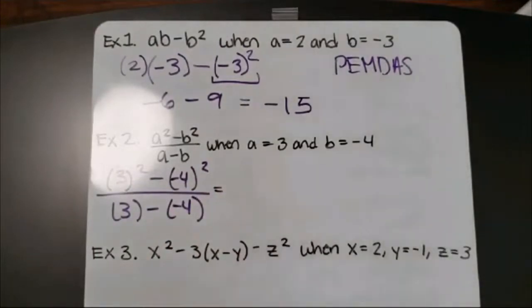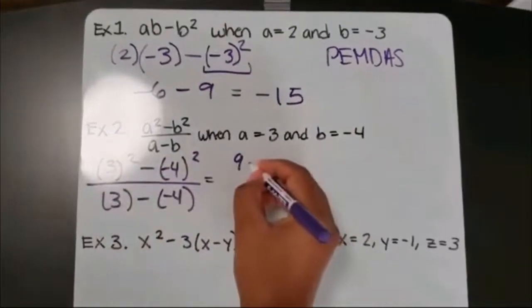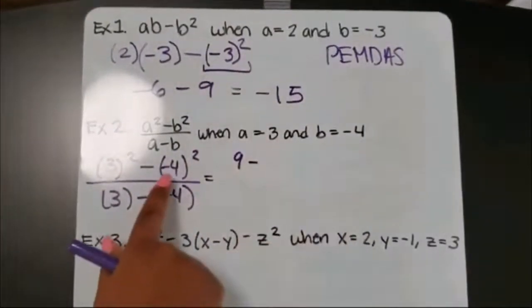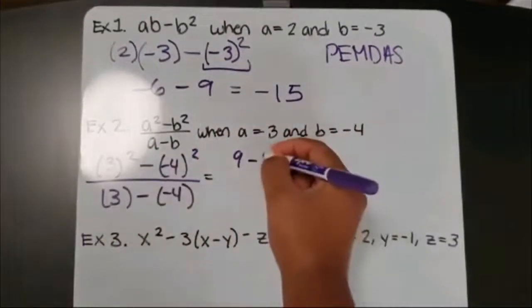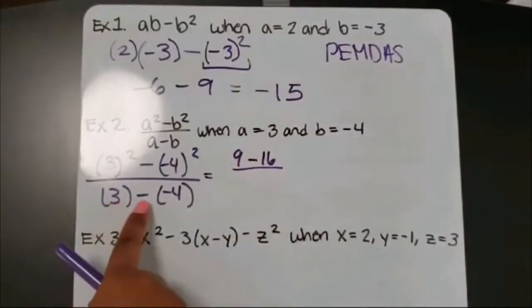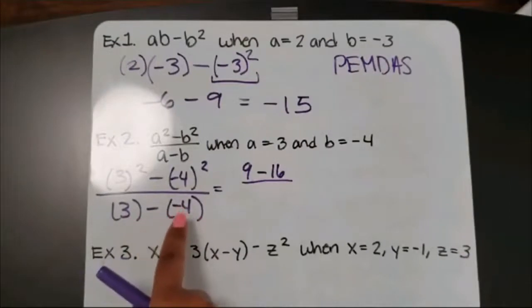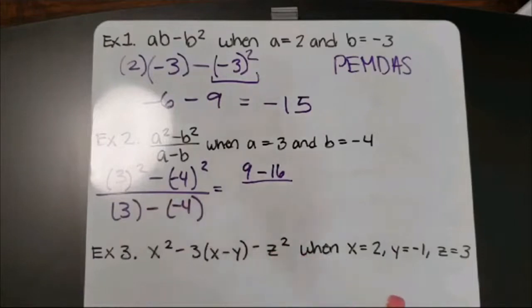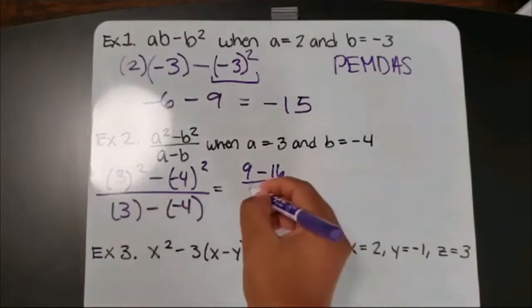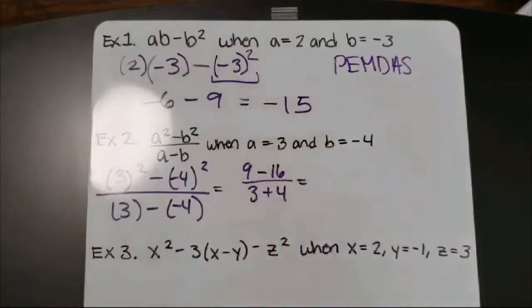So 3 squared is 9. Minus, then we have -4 squared, which is 16. Then we have 3 minus -4. When we subtract a negative, that means we add. So it's actually 3 plus 4.